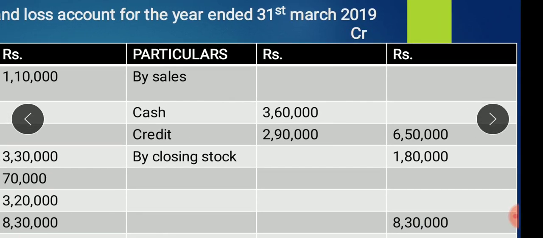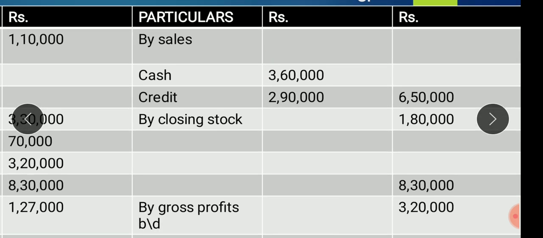Total sales means cash sales plus credit sales. So cash sales 3,60,000, credit sales 2,90,000, totally 6,50,000. By closing stock 1,80,000. So total the value for both sides. The credit side value is the highest value, and the highest value represents both sides.